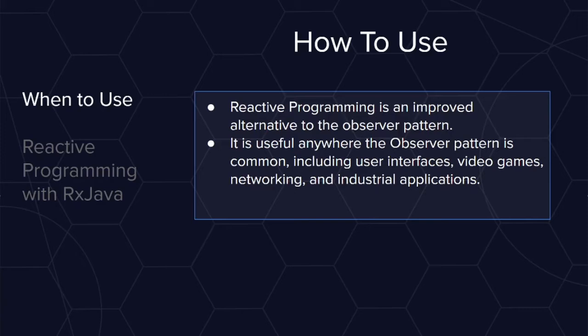This helps to deal with complex logic behind the event handling code with no loss of expressiveness. It is useful anywhere the observer pattern is common, including user interfaces, video games, networking, and industrial applications.